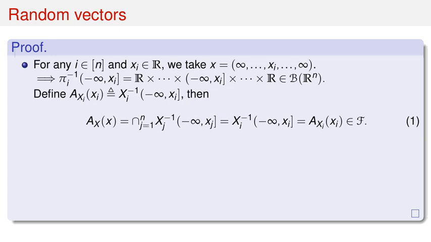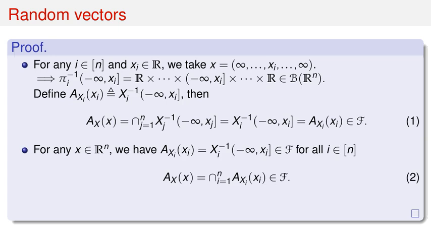The event A_x of x becomes simply X_i inverse of minus infinity to x_i inclusive, which we call A_{X_i} of x_i. Since X is a random vector, A_x of x is in script F. So A_{X_i} of x_i is in script F, meaning X_i is a random variable.